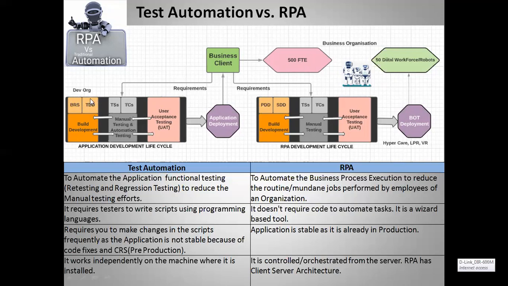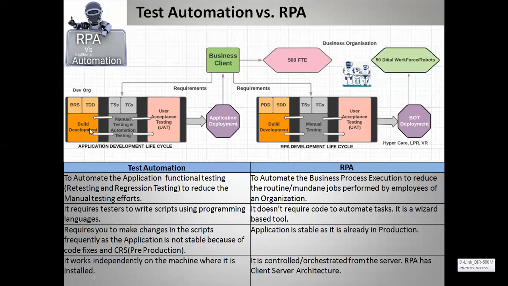Developers will look into that document and prepare the TDD, the technical design documents, called the high level design document and low level design document, to develop the application. And once the technical design documents are prepared, the build development will start, wherein the developers would use either .NET or Java technology to develop the applications, right?